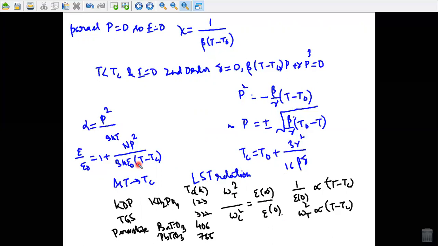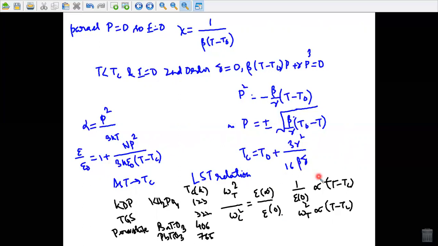Another way of viewing the ferroelectric transition is by the Lyddane-Sachs-Teller equation, LST, that is developed in the next discussion, where the infinite dielectric constant implies a zero frequency optical mode. And this leads to Cochran's theory of ferroelectricity arising from a soft optic mode.